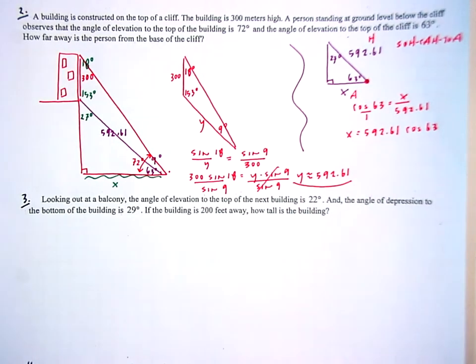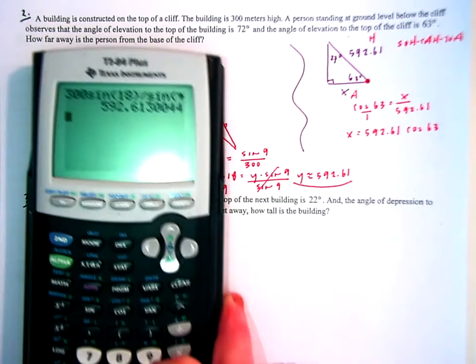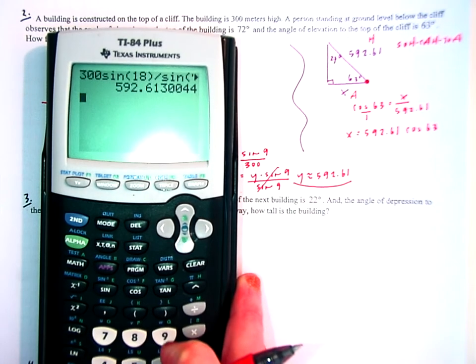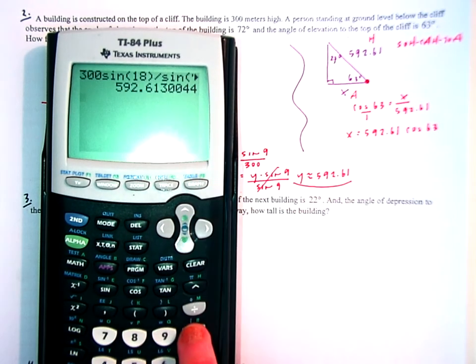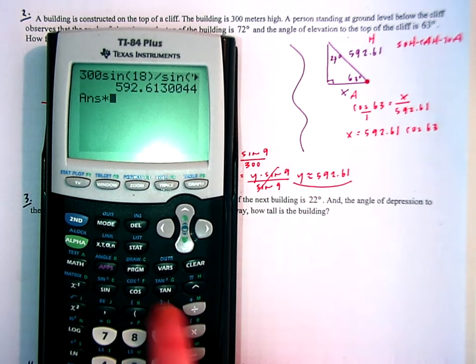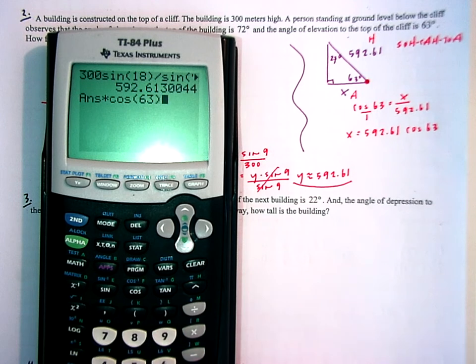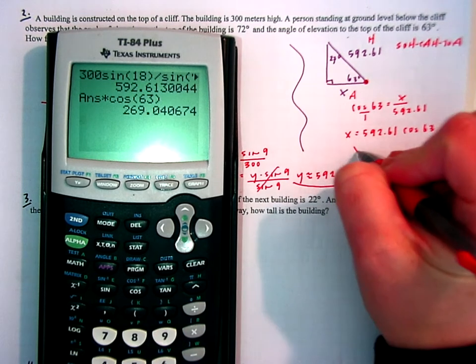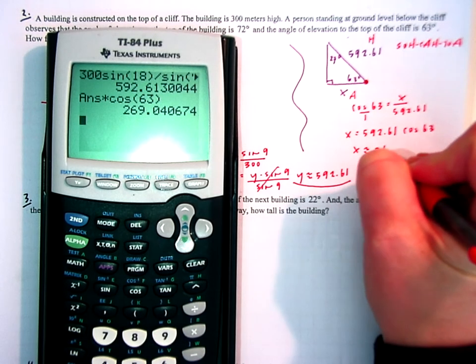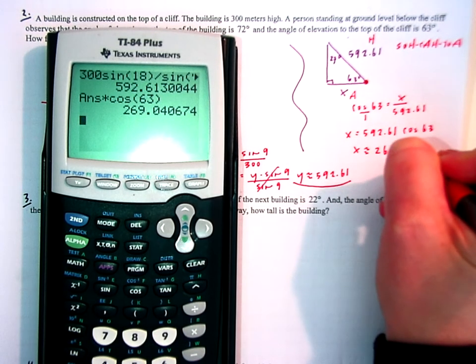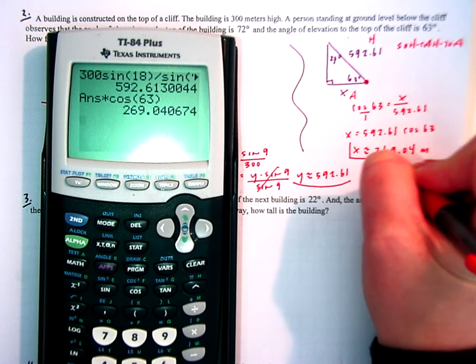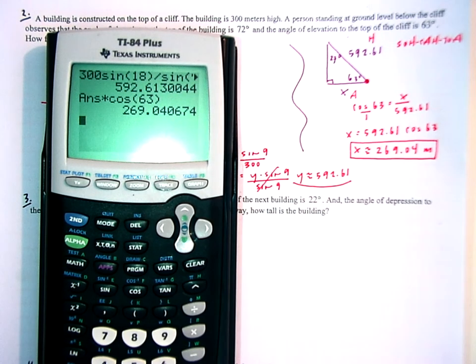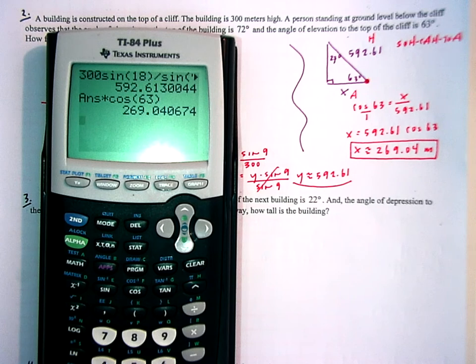So if I look at what's currently in my calculator, here I can build off of that previous answer because it's nice and precise. So if I build off that and I multiply by cosine 63, I end up with an x value of about 269.04 meters. So again, if you had built off that rounded intermediate step, not a problem. Just give me a nice clean paper trail in the end.